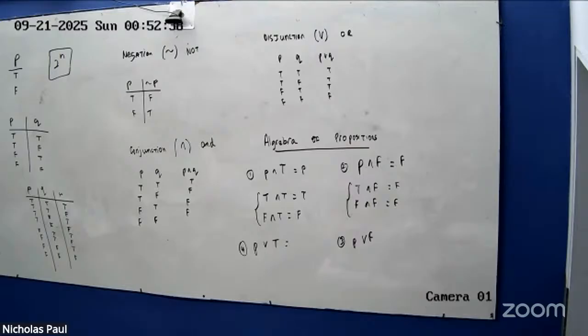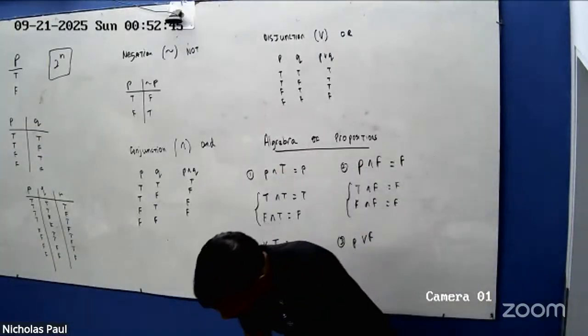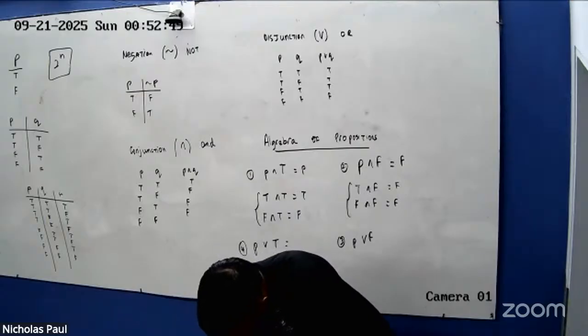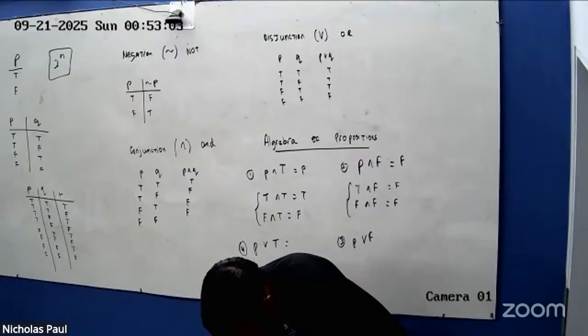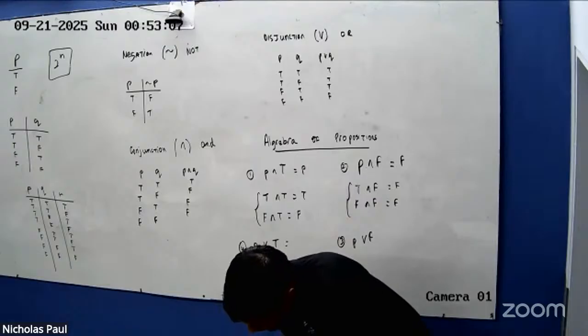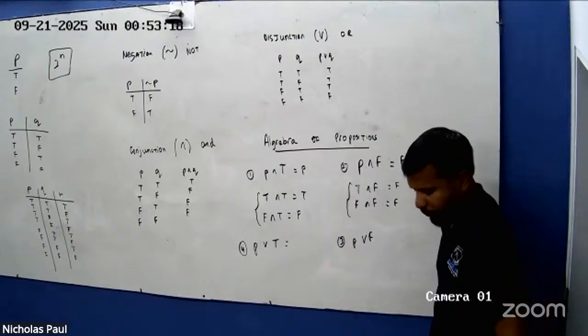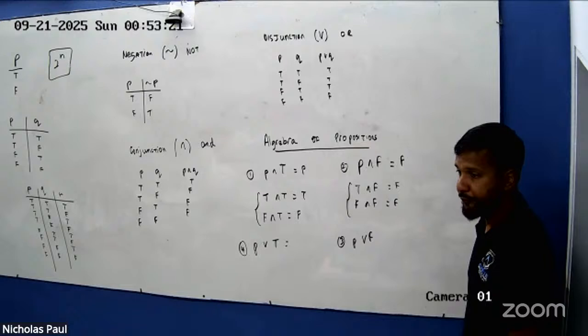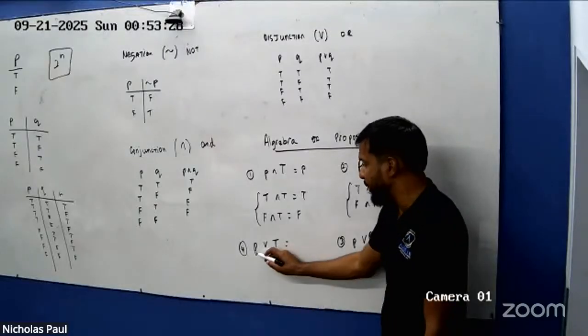So you have to remember your truth table, right? So you're using this here.